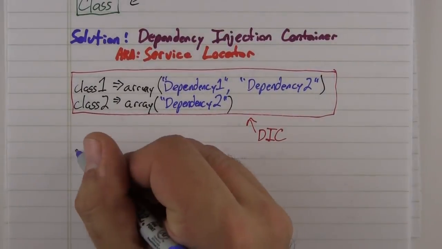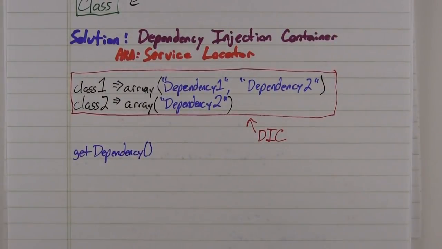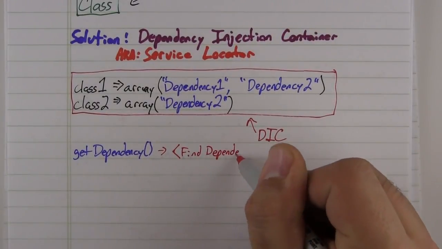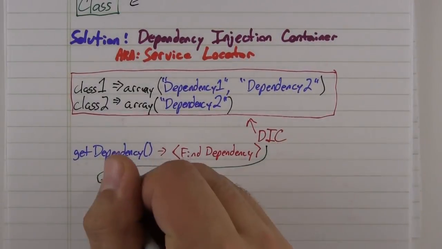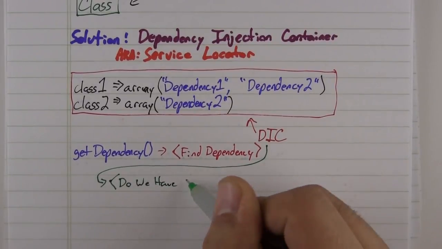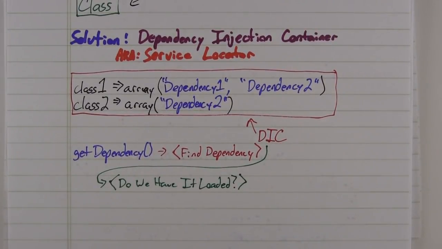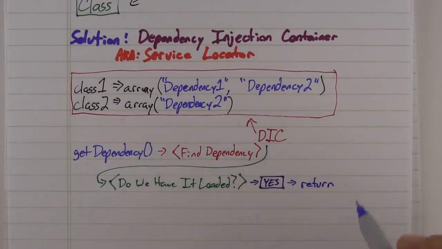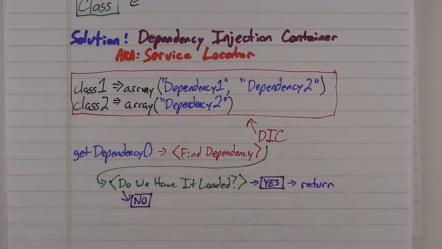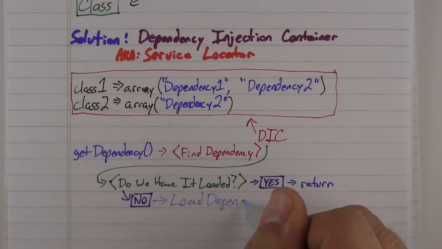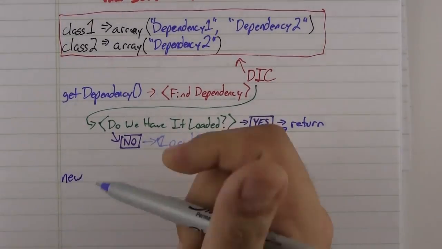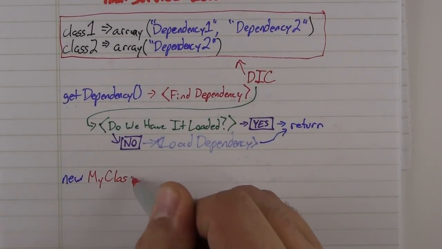So every time you ask for a dependency, the map will figure out which dependency to use, and then the container will check to see if it created one of those dependencies already. If it has, it'll just use that one. Otherwise, it'll create the dependency, store it, and then return it. So instead of constructing all of your classes yourself, you ask the container for a new instance.